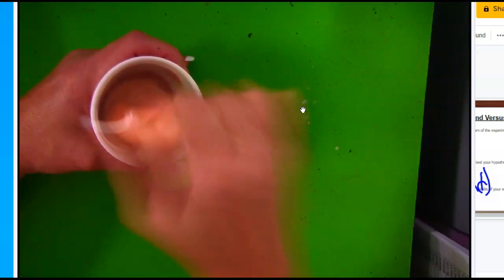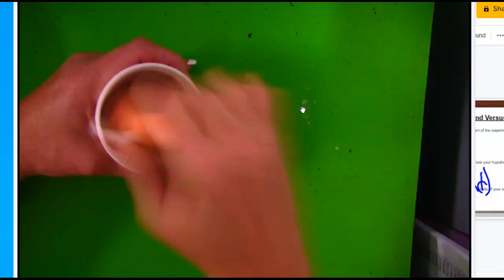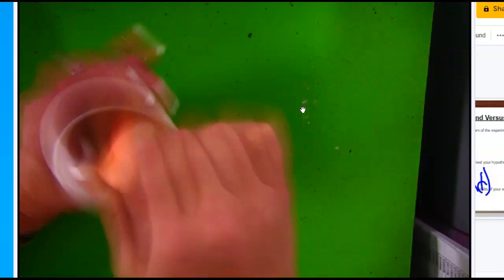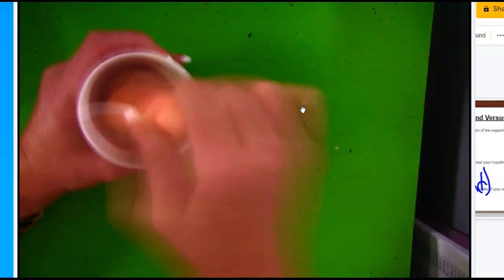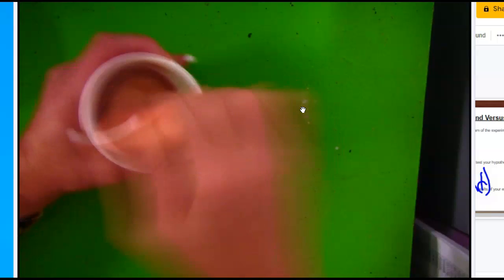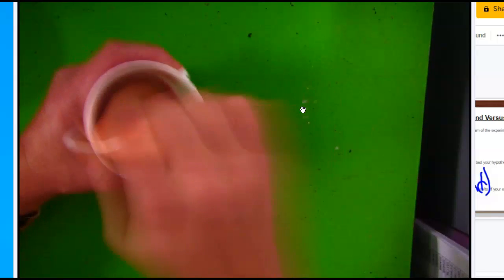You're not doing the lab correctly if you're not stirring. I know, your arm's going to get tired. It's a good thing we're only doing this for a minute. Keep stirring.